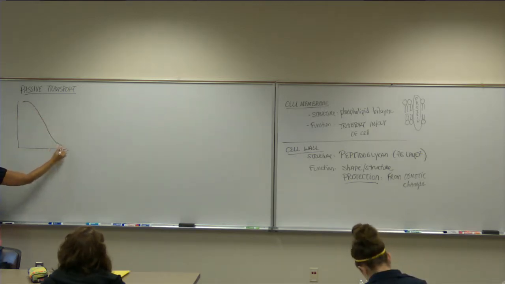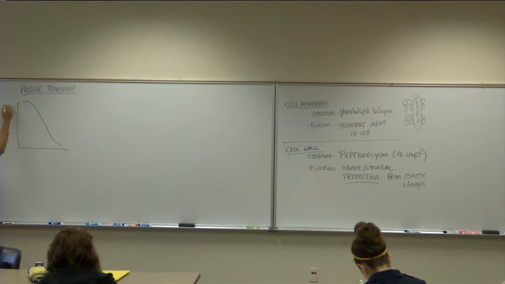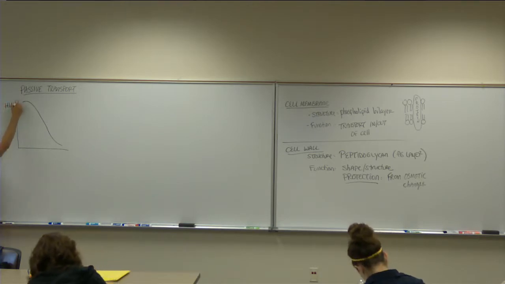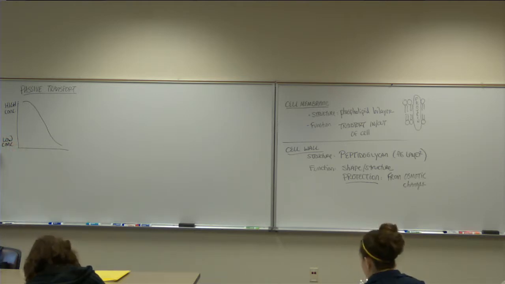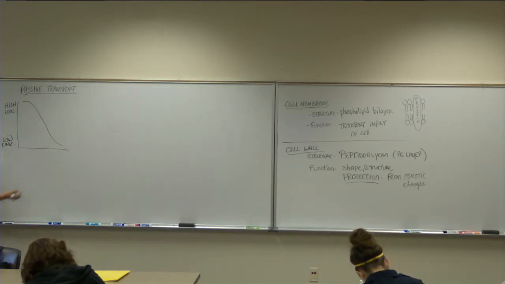And have a little slope like this. Way up here at the top, let's say there's high concentration of materials. Way down here at the bottom, much lower concentration. So concentration decreases as you move down. And time just progresses this way.